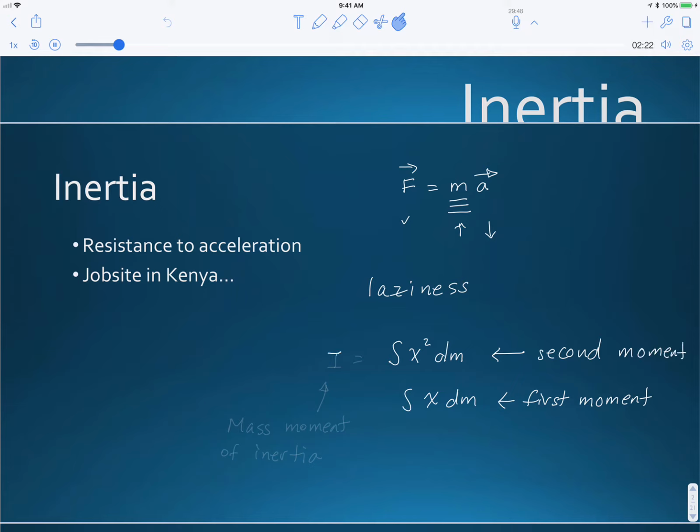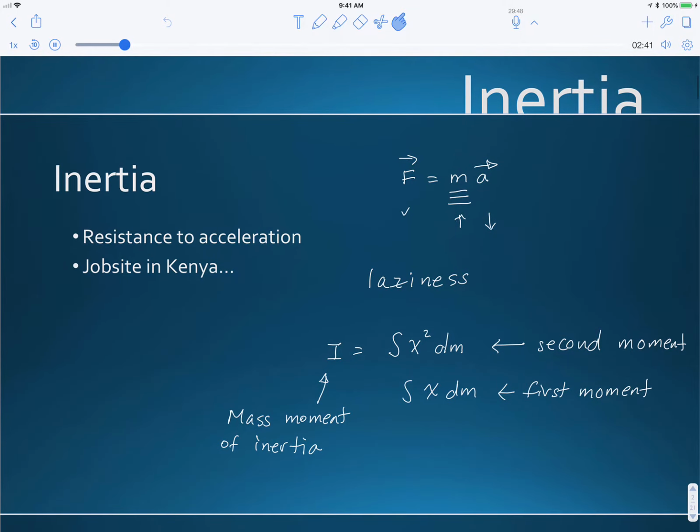And this is called the mass moment of inertia. And it's the resistance to angular acceleration or spinning acceleration. You'll learn all about this in dynamics next semester.